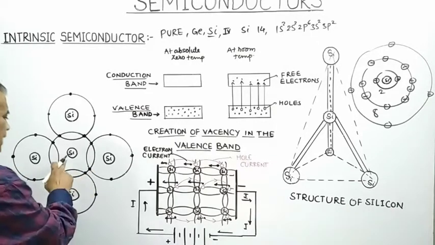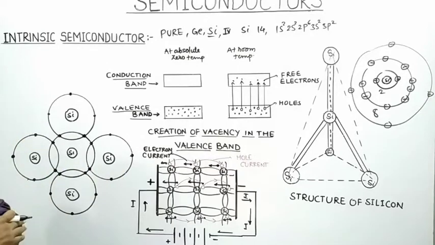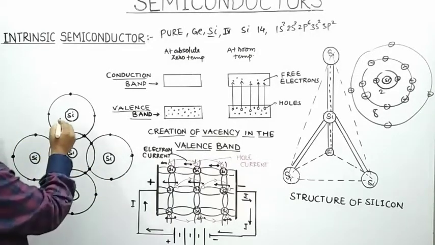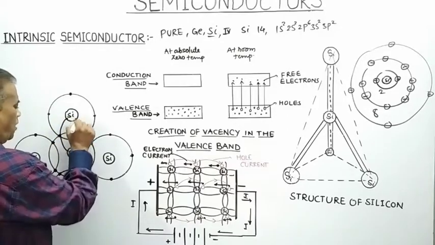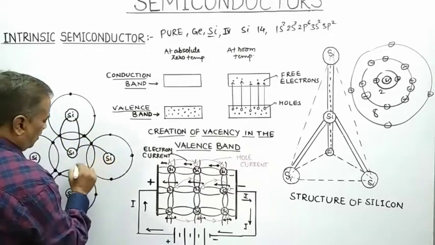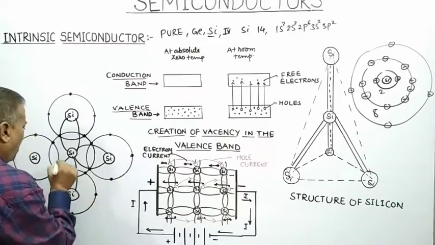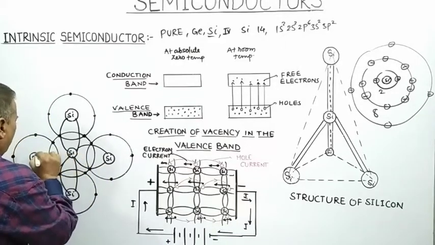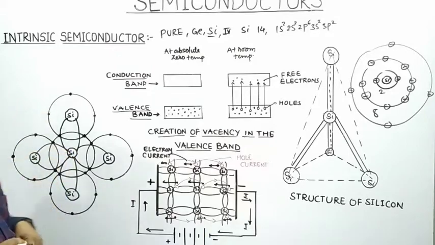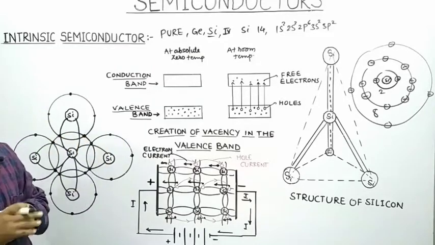So when a silicon atom shares 1 electron each from 4 of its neighboring germanium atoms, what are they going to form? They will form 4 strong covalent bonds.